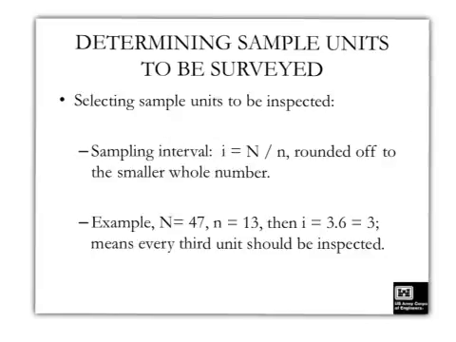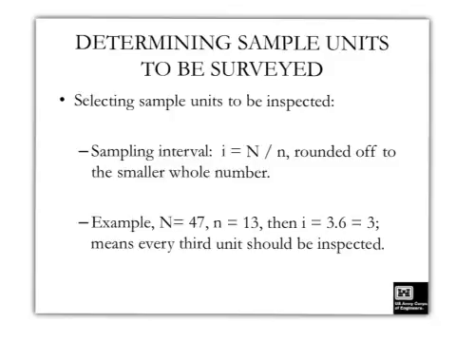Another very important aspect while we are inspecting sample units is the randomness of selecting those units. One of the ways to do so is this example here. We need to define the sampling interval, i. The sampling interval i is simply the total number of sample units over the number of units to be inspected, and then we need to round it down to the whole smaller number.